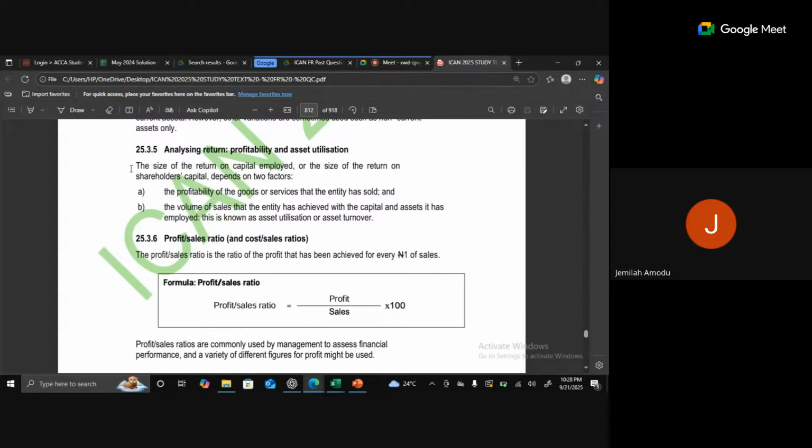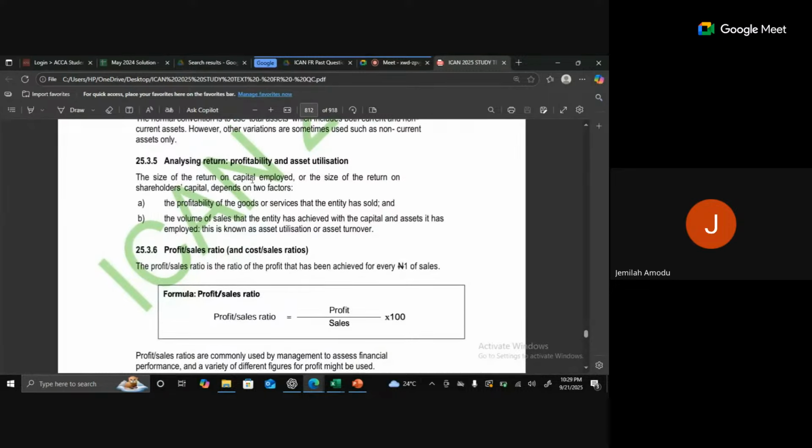They say the size of the return on capital employed or the return on shareholders' capital depends on two factors: the profitability of goods and services that the entity has sold, and the volume of sales that the entity achieved with the capital and assets it has employed. This is known as asset utilization. That is what I've been explaining. So your return on capital employed is dependent on those two factors.